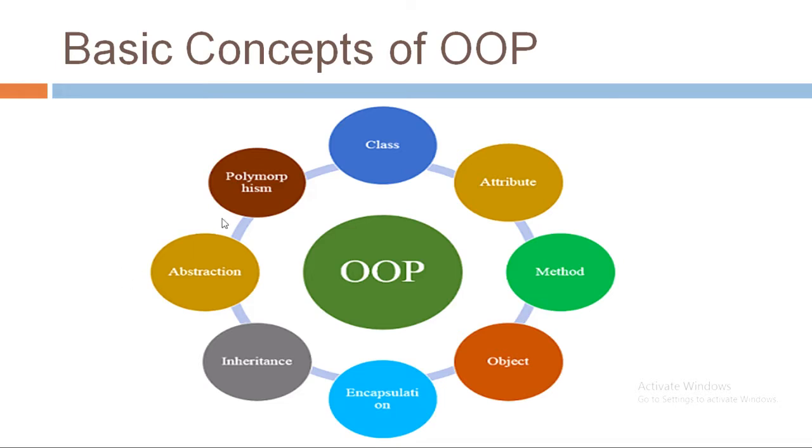You can see class, attribute, method, object, encapsulation, inheritance, abstraction and polymorphism as the basic concepts of object-oriented programming. So these are known as the basic fundamental requirements to implement object-oriented paradigm in your system.